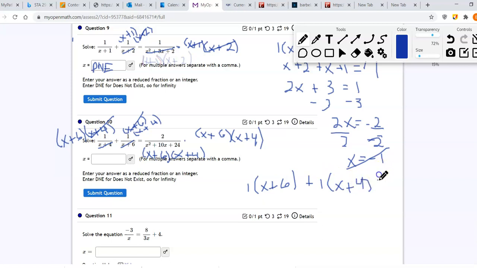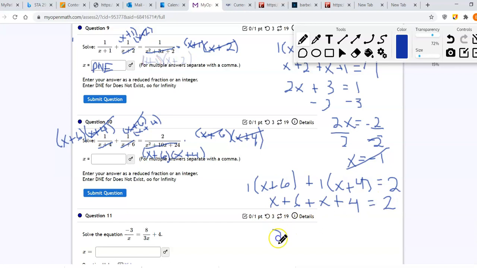And then finally, on that right side, this really factored as this, which means that this will cancel with both of these, leaving us just a 2. All right, so now let's solve this. If we distribute, we're going to have x plus 6, x plus 4 equal 2.